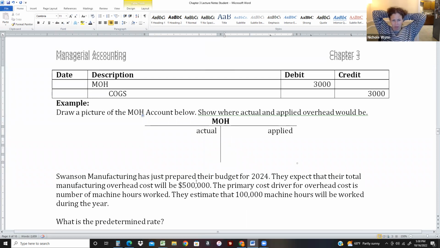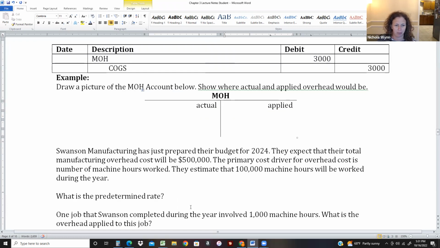Swanson Manufacturing has just prepared their budget for 2024. They expect that their total overhead cost will be 500,000. So that means it's an estimate because it says will be. We expect that our total overhead cost will be 500,000, and our primary cost driver is going to be machine hours, and we estimate that we're going to work 100,000 machine hours.